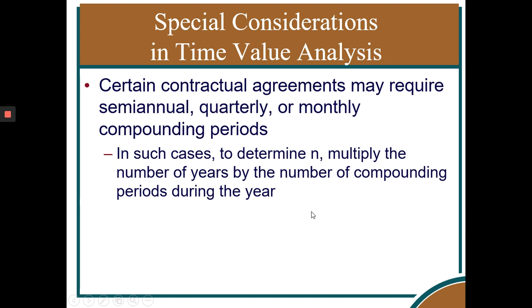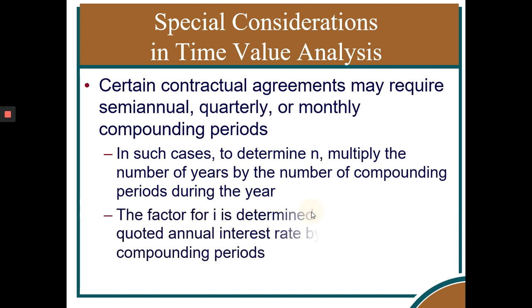So you have to change not only the n, you have to change the I as well. Since we're using an annual interest rate, if a question gives you I equals 10%, annual means just 10%. But if it's semi-annual, you cannot use the same 10%.